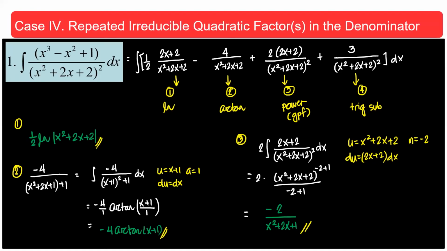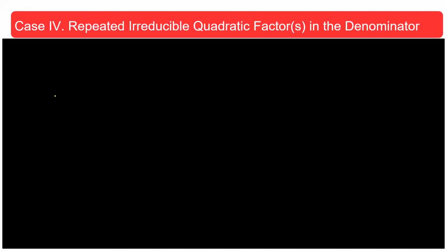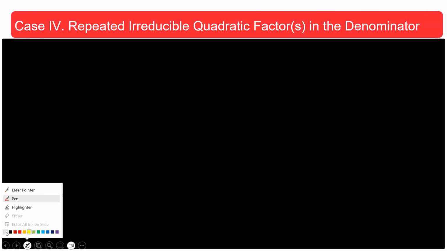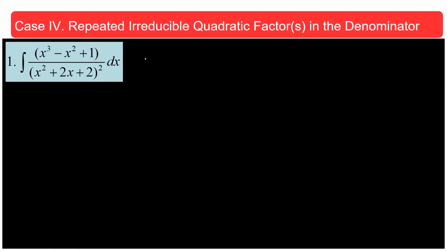Lastly, ang sabi, trig substitution. So how do we do the trig substitution? Let's rewrite it muna. In letter number 4, di ba number 4 is the integral of 3 over x squared plus 2x plus 2 squared dx.